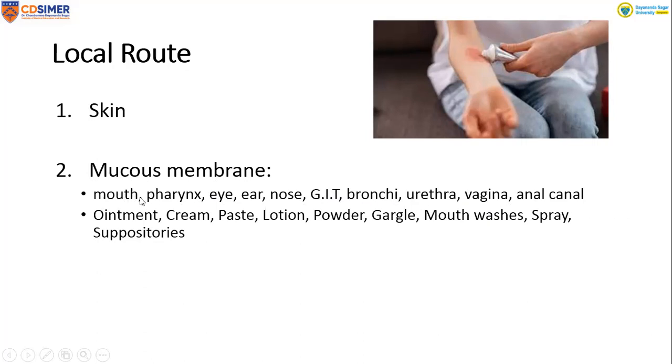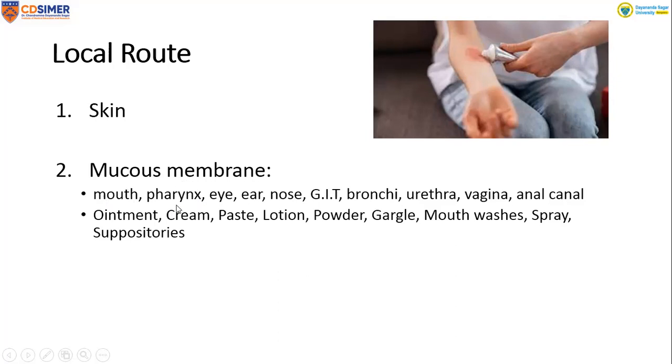Here you may know that the mouth is an important area. Mouth ulcers are very common, so we apply some local anesthetic and also some local antiseptic agents for mouth ulcers. Then the pharynx is a kind of gate which protects us.